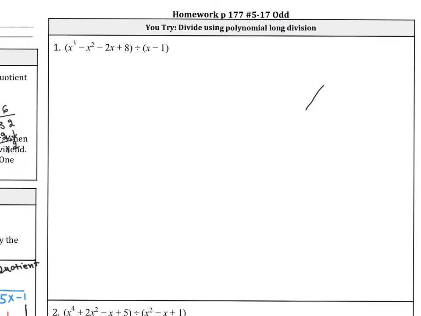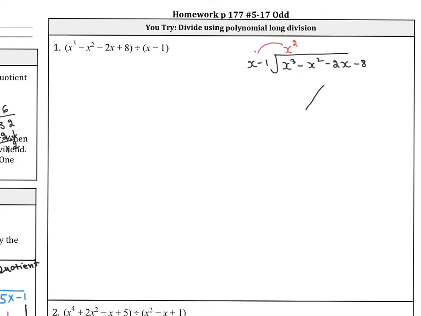For number 1, your dividend is x cubed minus x squared minus 2x plus 8. So you write the dividend inside, and then your divisor is going to be x minus 1. You're looking for the number that goes on the top here, and you multiply with this polynomial and write it here. So the number or the variable is going to be x squared.